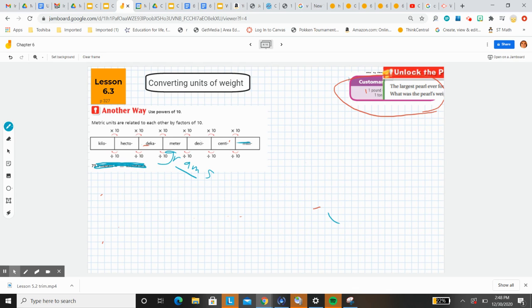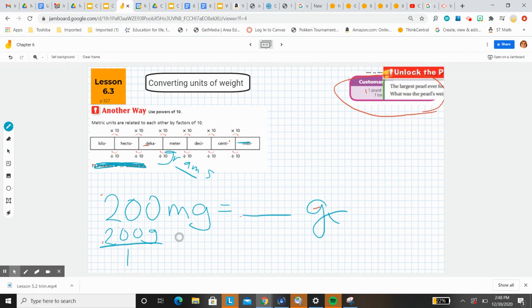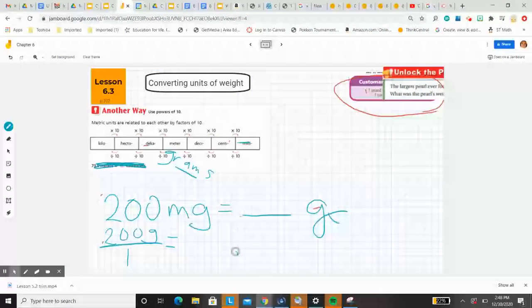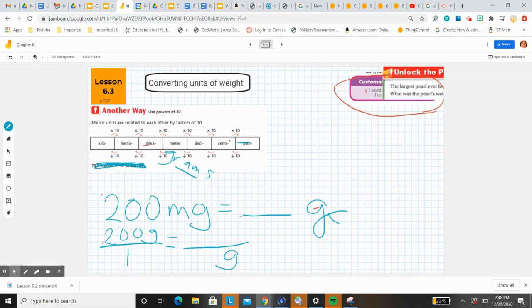So let's do a quick conversion. Let's convert 200 milligrams into grams. Okay? All right, so let's do the book way. We have 200 over 1, always over 1, is equal to my conversion factor. Grams are on the bottom, and, whoops, I'm sorry, this is milligrams, my bad.